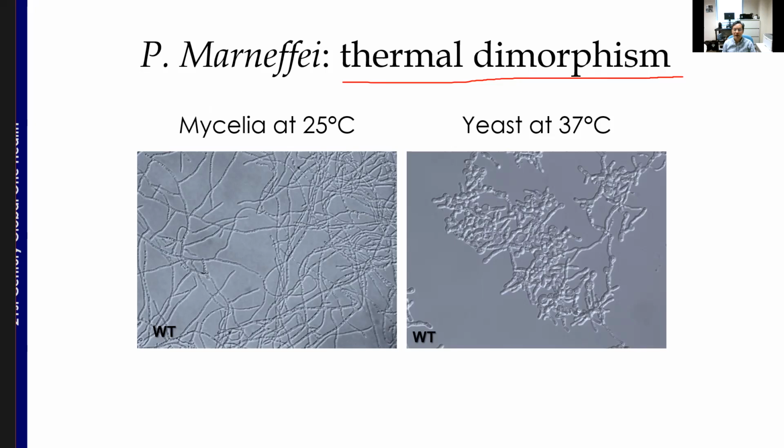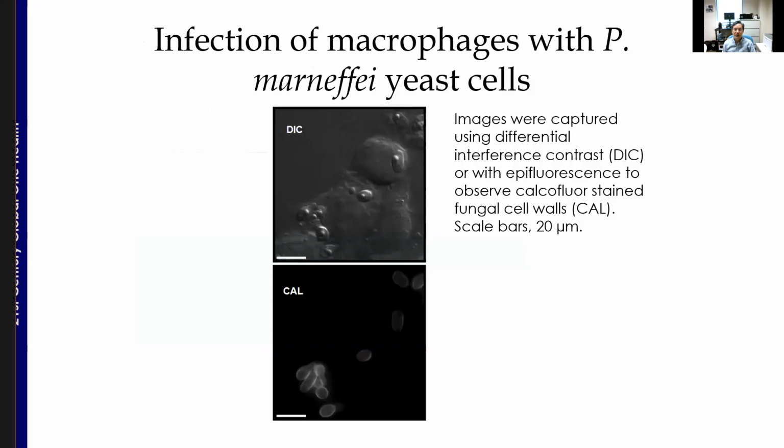Why are we interested in this growth form change? Because in the systemic infection caused by Penicillium marneffei, it has to be yeast cells, and it grows inside human cells.